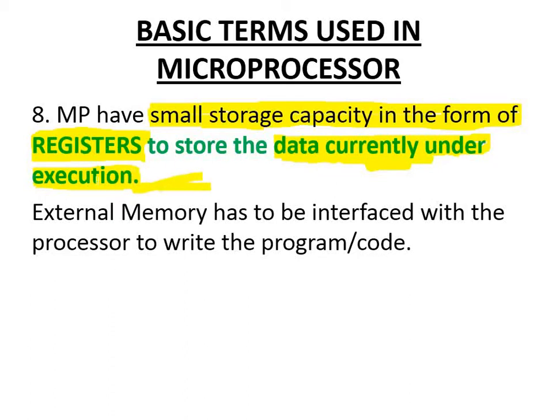Now an external memory has to be interfaced with the processor to write the program and code. This is also clear: registers are there, no doubt it is a memory, but the processor doesn't have any memory to store the program.